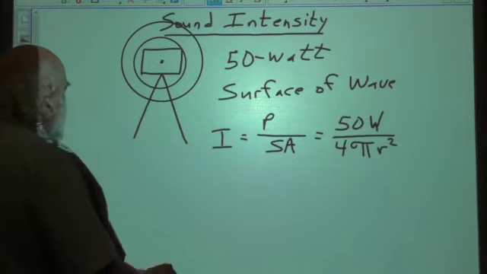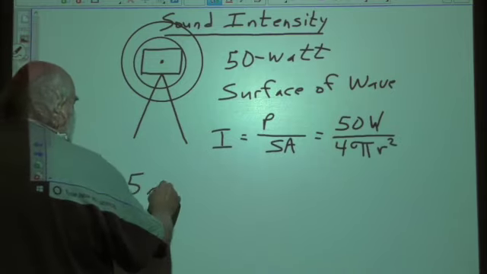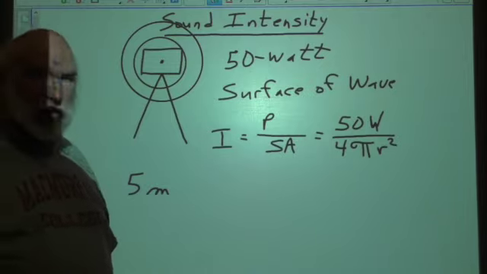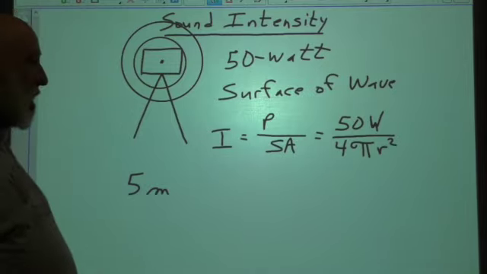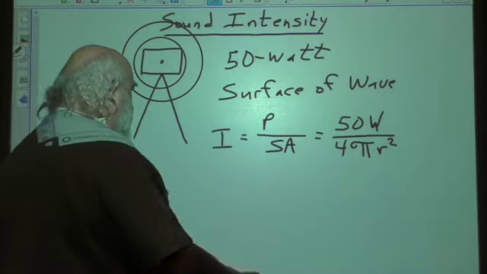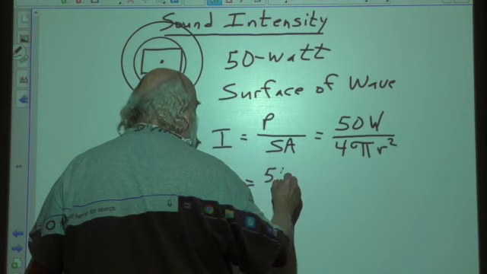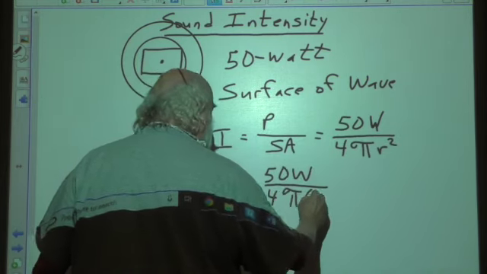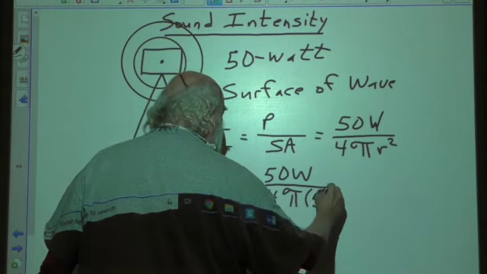So let's suppose that you were 5 meters away from the sound. So you're really up close at the concert. Then you plug that 5 in, so this becomes 50 watts over 4 times pi times 5 meters squared.